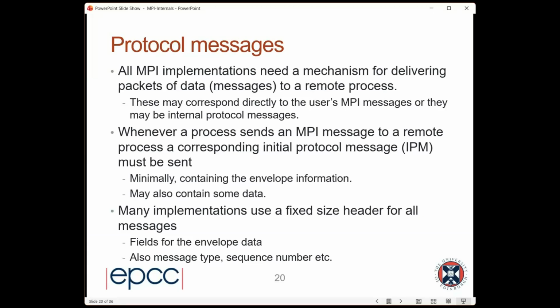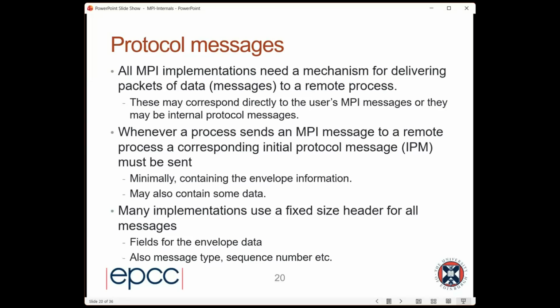Whenever your process sends an MPI message to a remote process, MPI will send a protocol message. So it will send a little header. If I issue a send of 1,000 bytes, the first thing MPI will do is send a little header message to the receiver saying, David wants to send you 1,000 bytes. This gives it advance warning of what to expect.